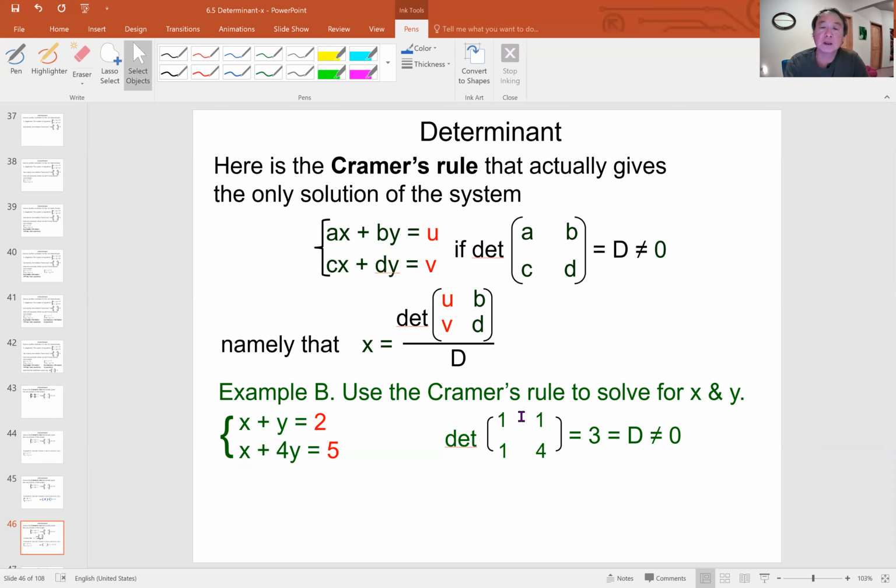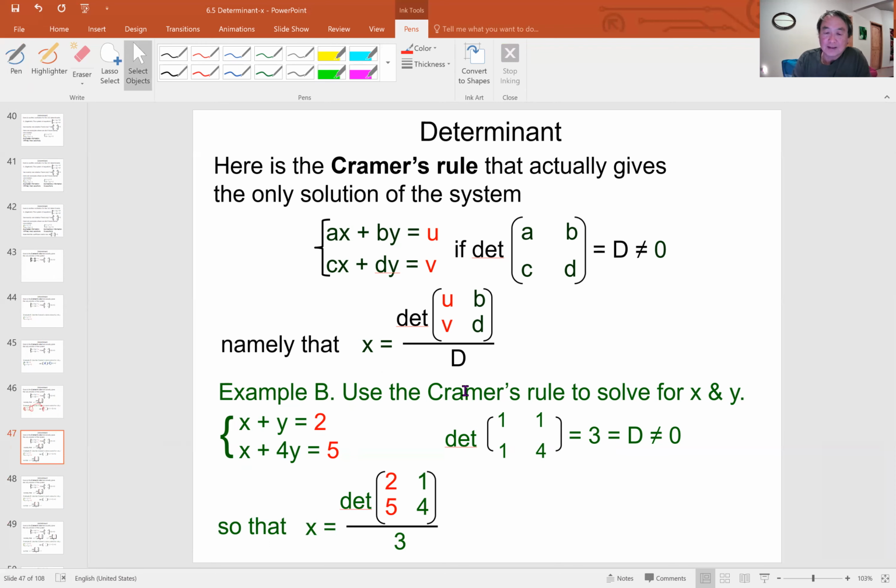Here's the formula for X. You replace the numbers in the X column, the 1, 1, by the numbers that sit over the constant terms on the other side. Okay, and take the determinant of that and divide by the determinant of the coefficients.